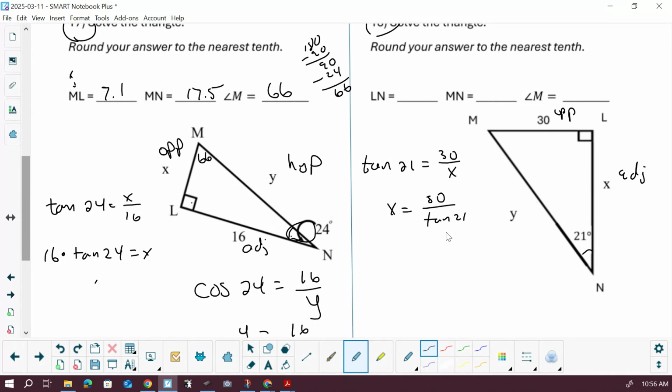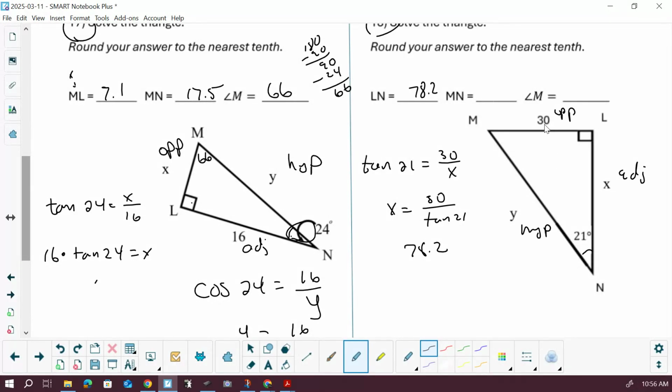30 divided by tangent 21 is 78.15 or 78.2. So the x, which was this one right here, is 78.2. Now we look at the y and ignore the x. Okay? So if we look at the y, it is the hypotenuse.